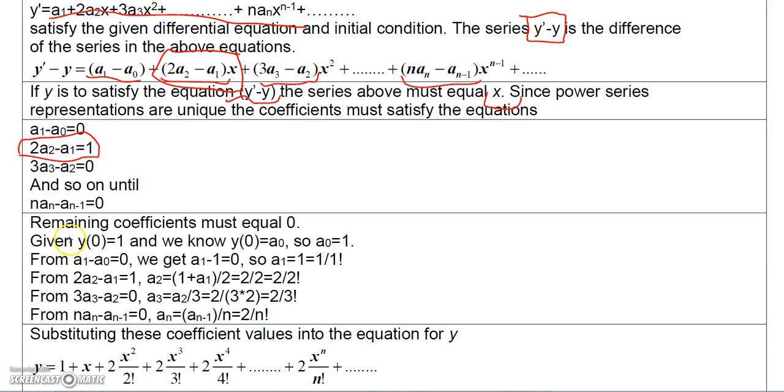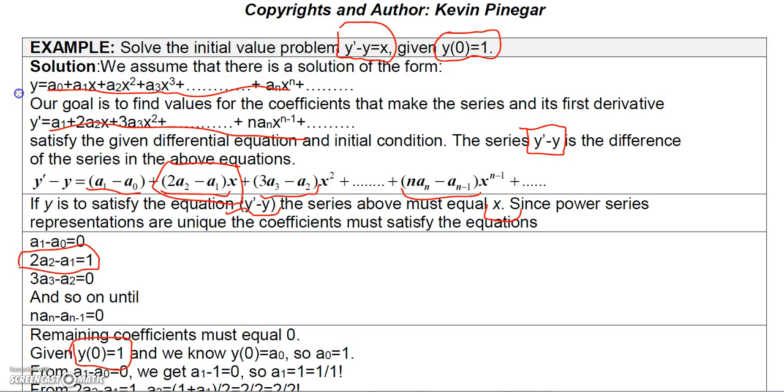Now, additionally, we know that if we evaluate this at 0, we get 1. Okay? And if you go up here to the y expression, you know that y evaluated at 0, if you let 0 in for x, would just get rid of all these terms. And so all you would have left would be the a naught.